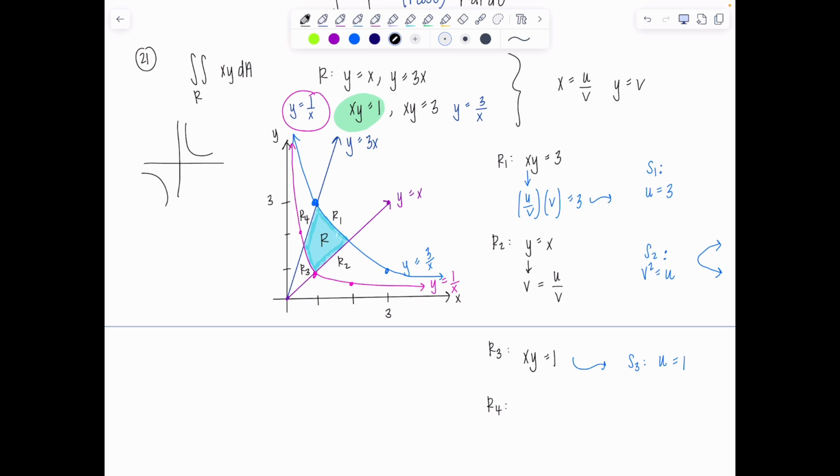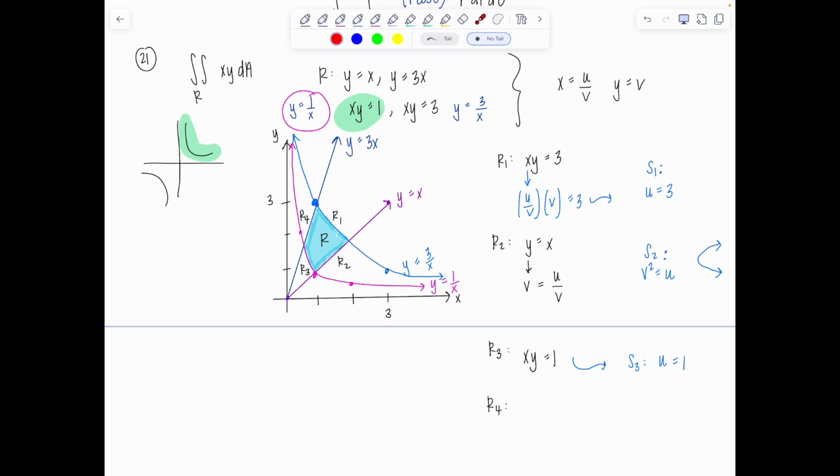Because they told us we're in quadrant 1, we're only using the positive portion of this graph. The lines would cut top and bottom.